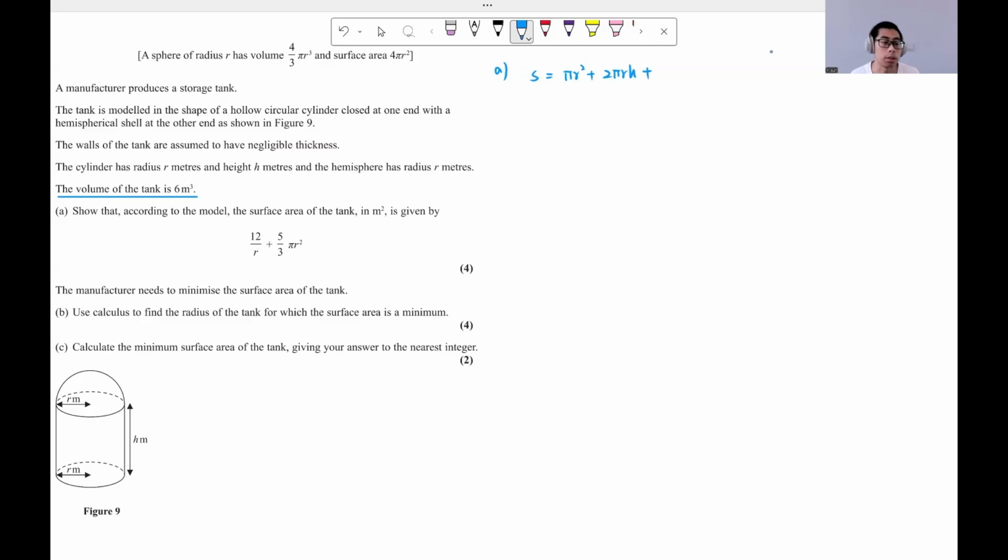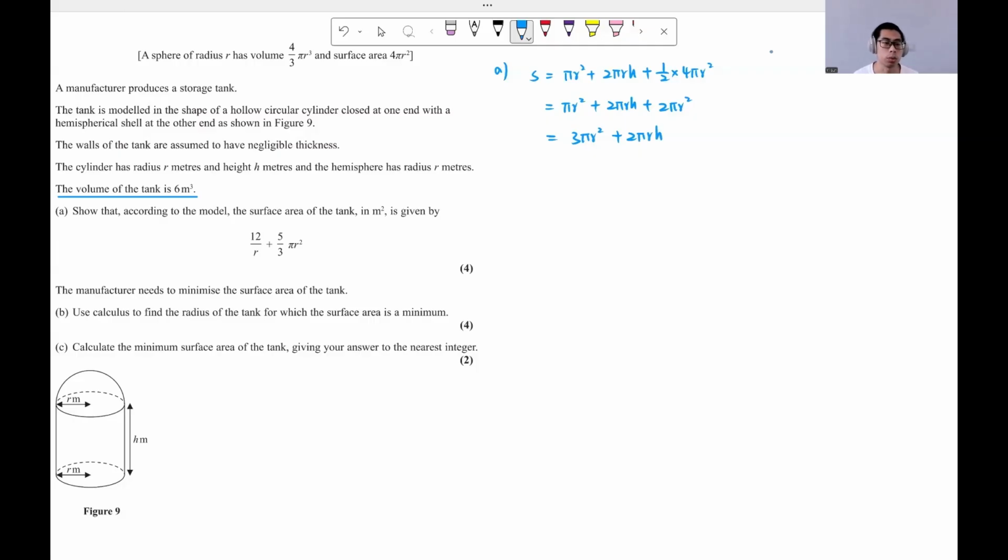And then the top hemisphere will be half of the whole sphere, which is 4 pi r squared, so 2 pi r squared. So that's pi r squared plus 2 pi r h plus 2 pi r squared, which is 3 pi r squared plus 2 pi r h.